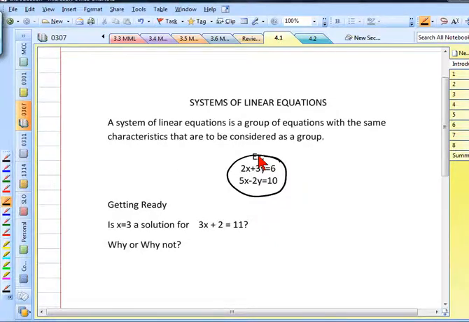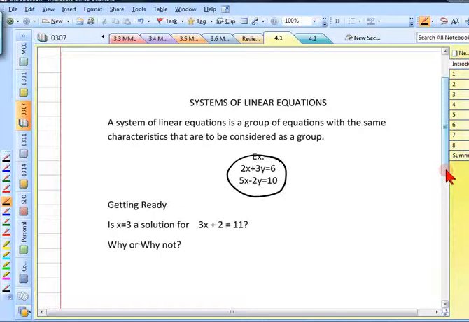Okay? When we're going to work with them together, that makes it a system. In higher math classes, you look at sometimes systems of 3 equations. And sometimes each equation has an x, a y, and a z. So there are different kinds of systems. The ones that we're going to look at are going to have 2 equations. Each one of them will have x and y. We've been graphing equations that look like this.